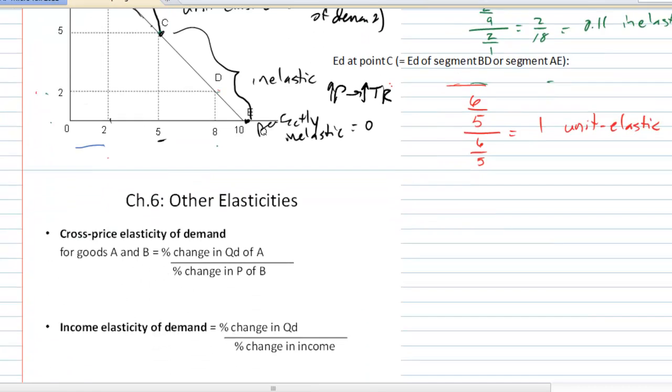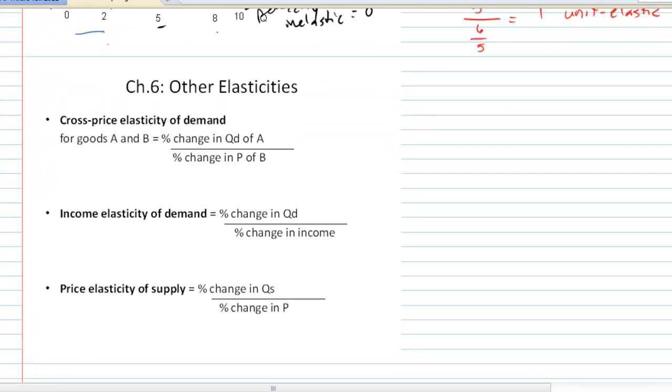Okay, new topic more or less, still elasticity, but now we're going to talk about other types of elasticity, not just elasticity of demand for a good, but other ways to apply a similar concept. So the first is cross-price elasticity. Here we're going to be talking about two different goods. I called them in this slide goods A and B. Let's say good A is hot dogs and good B is hot dog buns.